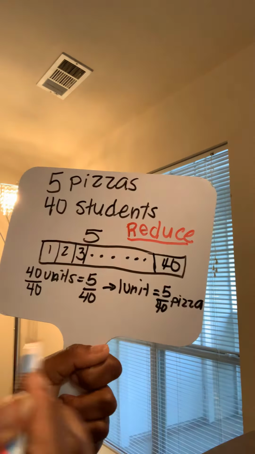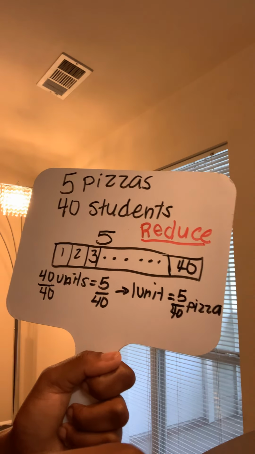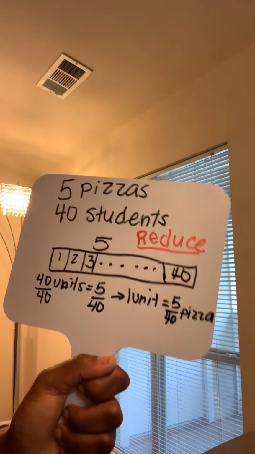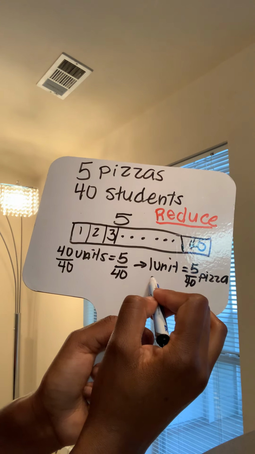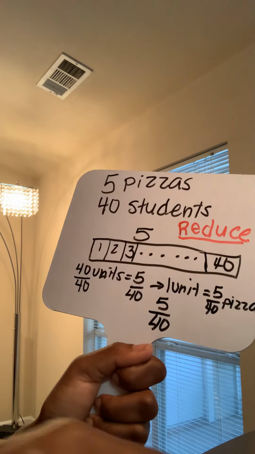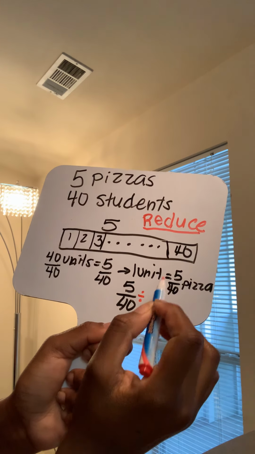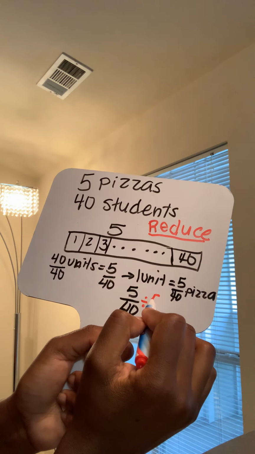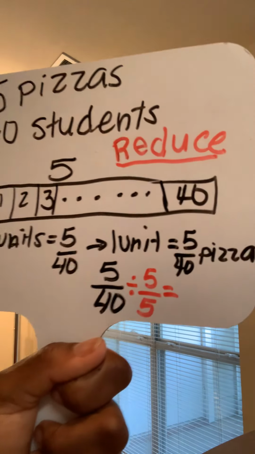So we look at 5. Okay, we know that we can divide 40 by 5. And we can divide 5 by 5. So this is what we are going to do. We've got 5 over 40, or 5/40, and we are going to divide both our numerator and our denominator by 5.